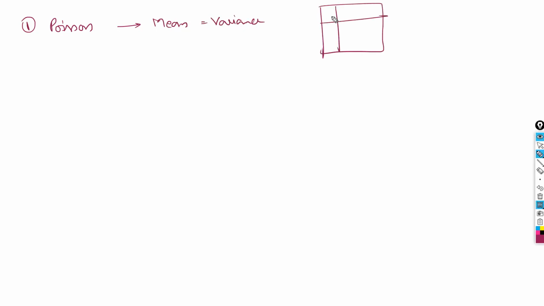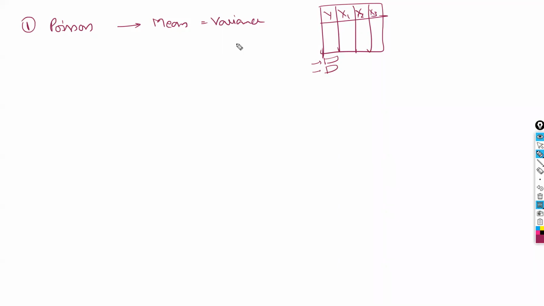A few more things I will write here. Point number 1. Poisson regression has an underlying assumption that mean should be equivalent to variance. This does not mean that I'll go to my data set, take my output variable, take the mean of that, take the variance of that and compare. No, that is not what I'm saying. You cannot do that kind of direct comparison. You need to get expected value and expected variance values.